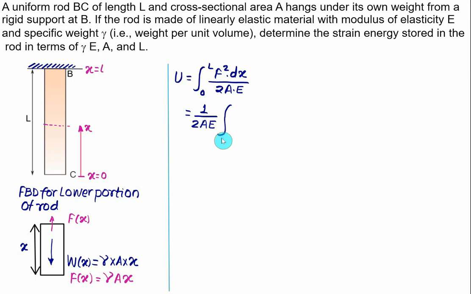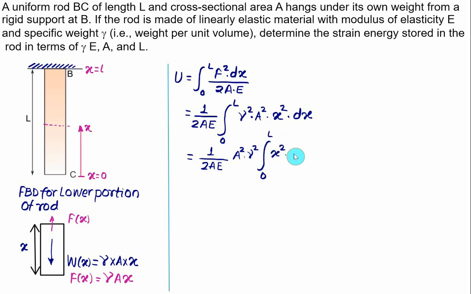We have the integral, and the limit of integral is 0 to L. F square will be equal to gamma square multiplied by area square multiplied by x square multiplied by dx. So gamma square is a constant value, A square is a constant value. So what is left here is 1 upon 2 times area into modulus E. Area can be taken outside, so we have A square into gamma square, and we have the integral from 0 to L of x square dx.